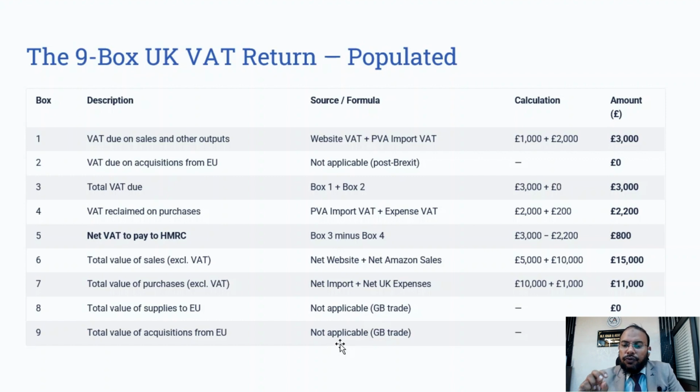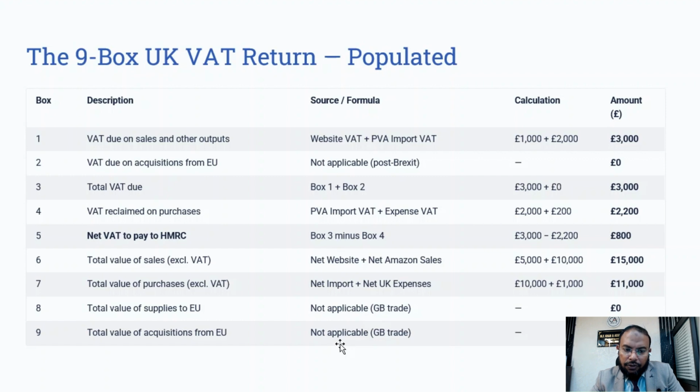So total box 4 amount will be 2,200 pound. This is input VAT 2,200 and output VAT is 3,000 pound, which is disclosed in box 3. So net VAT to pay is 3,000 minus 2,200, that will be 800 pound.